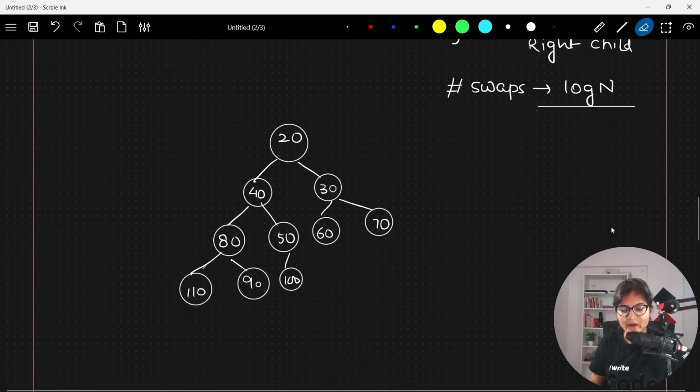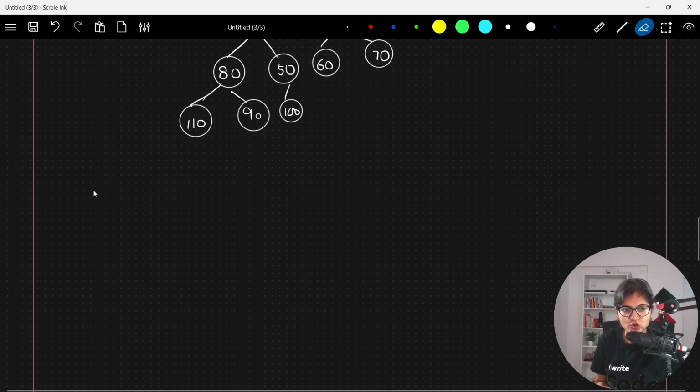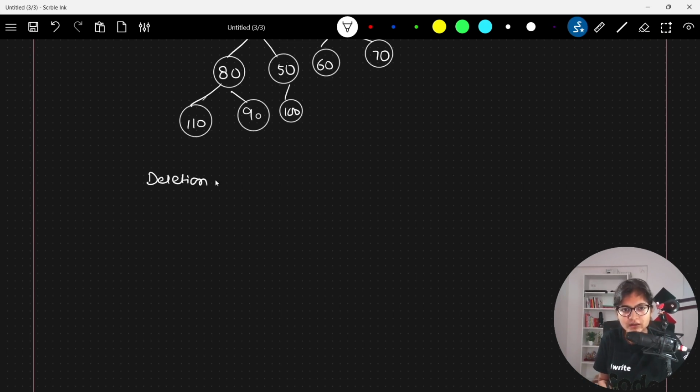Suppose you have n nodes and you are calling deletion n times. So the first time you will get the first smallest element, right? For example, here you got 10.